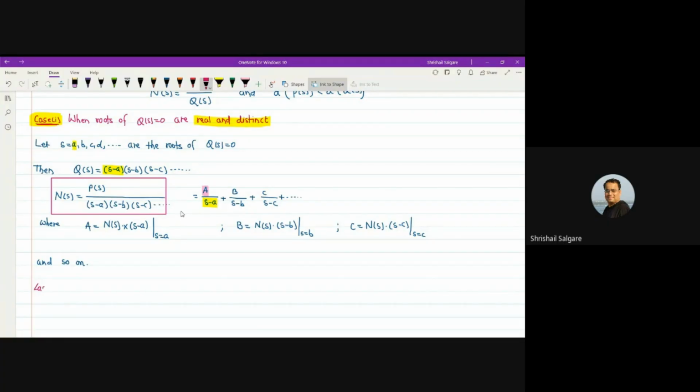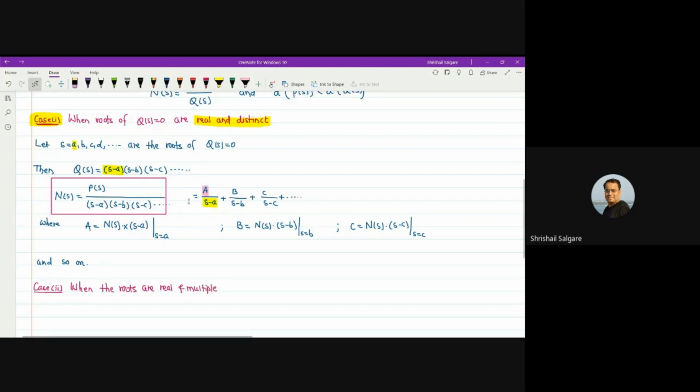Now the second case. Case number 2. I think you have studied these results in a different way, maybe. What happened? Some roots may be repeated, when the roots are real and multiple.